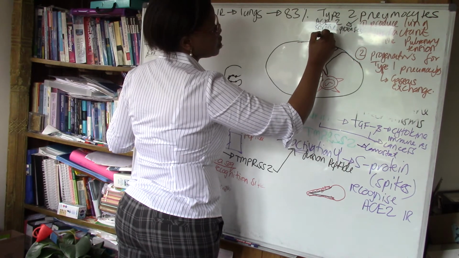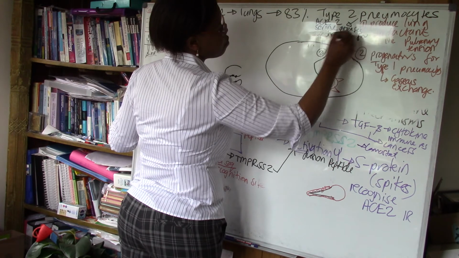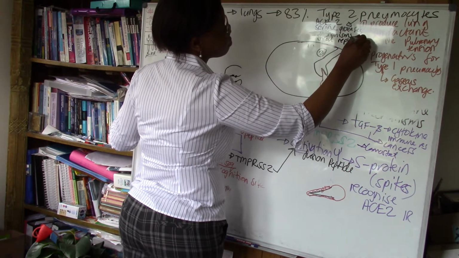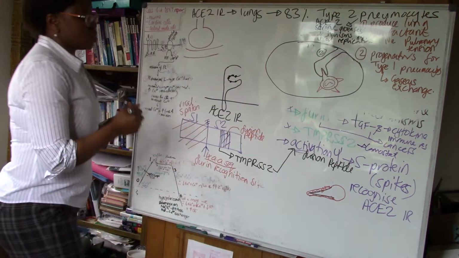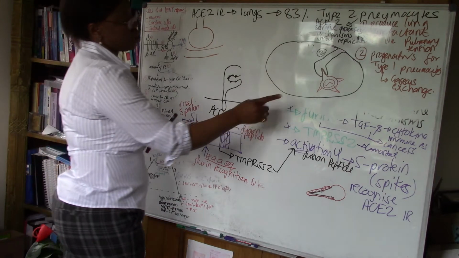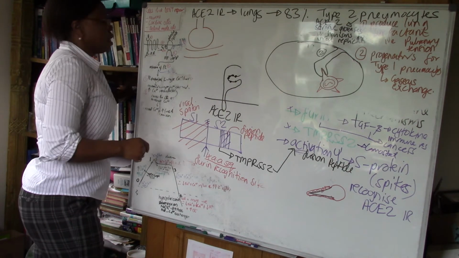So it will facilitate the mechanisms for viral replication. So the type 2 pneumocyte is really well suited to being infected and targeted via ACE2.